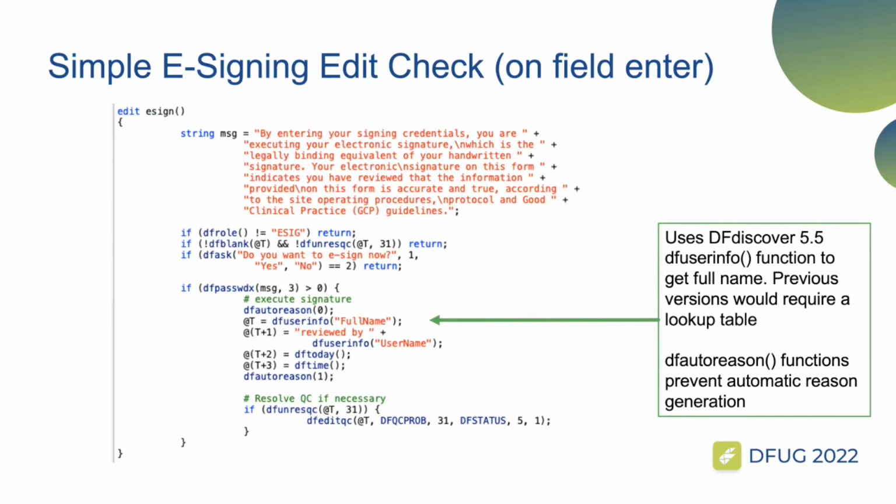And then the last part of the edit check just checks and sees, hey, if we have an unresolved query that says you need re-signing, we're going to edit that query and we're going to change its status to 5, which means that it's resolved. So that's pretty much the bare bones function of an edit check that you can do for signing. You can implement this on field enter. So when the user tabs into the full name field, it will execute.